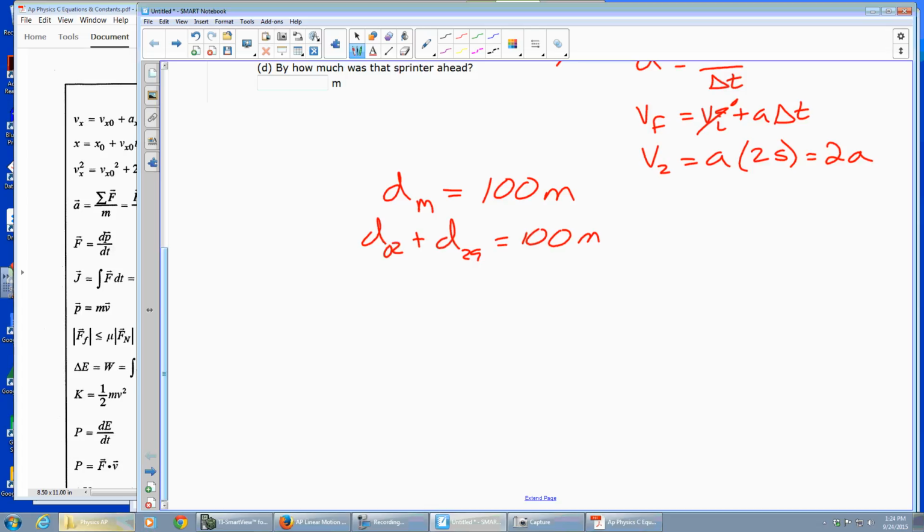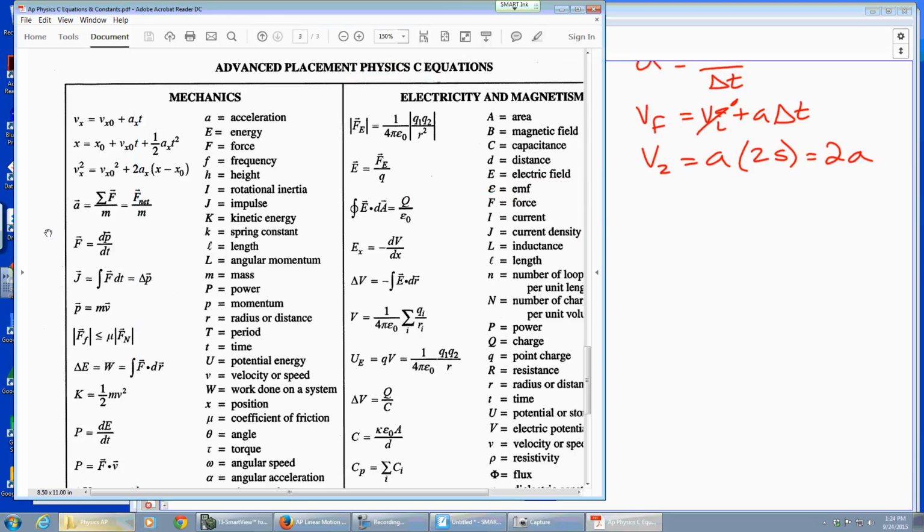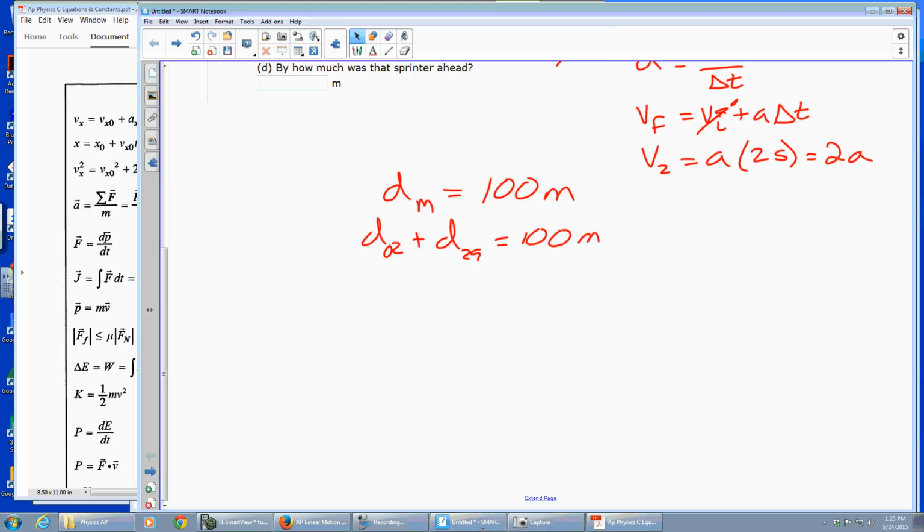So for here, I'm going to use our second equation, x equals x naught plus v initial t plus 1/2 a t squared, from previous years, right?